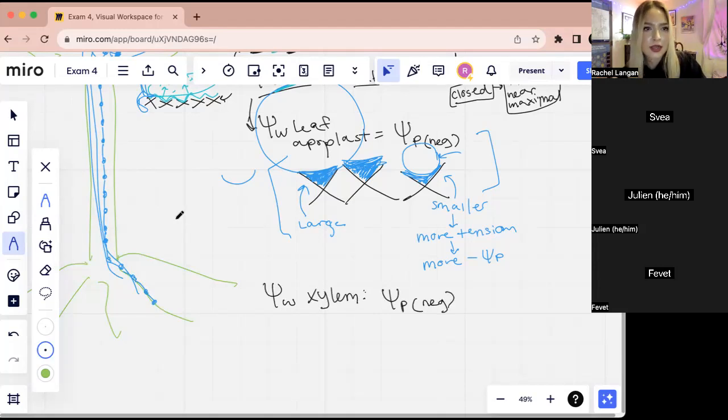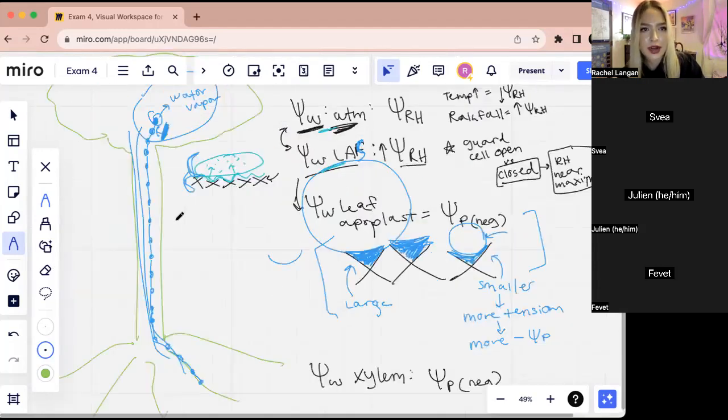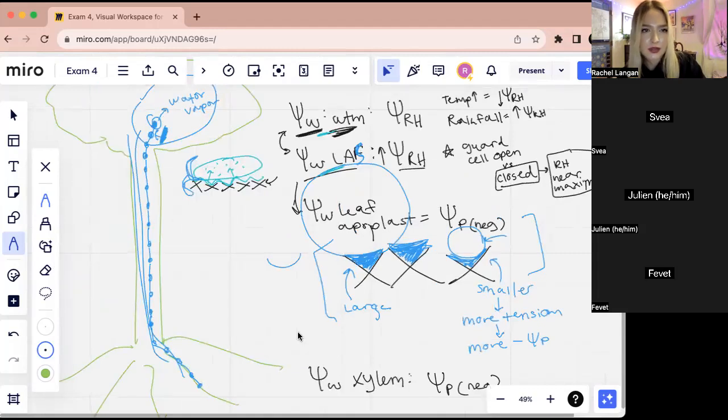How I said, if we have increased pull at the top, it doesn't just affect those water molecules there, but it's going to increase the pull, the tension on all of these here. So the water potential of the xylem here is largely determined by that pull, which we quantify as the negative pressure.